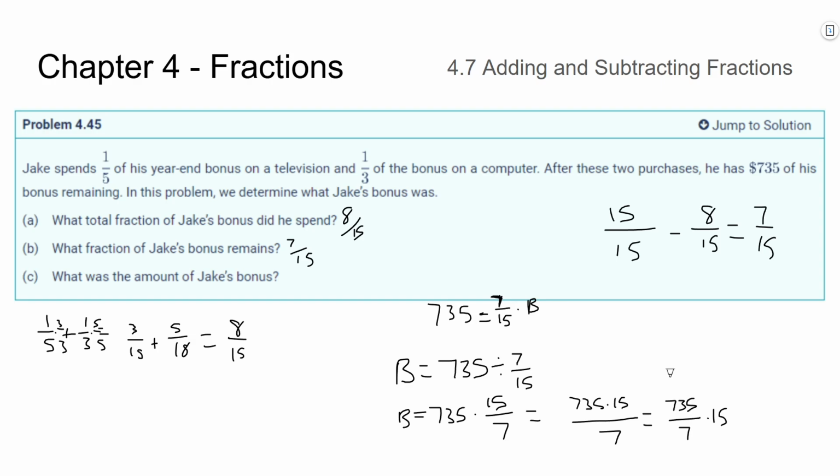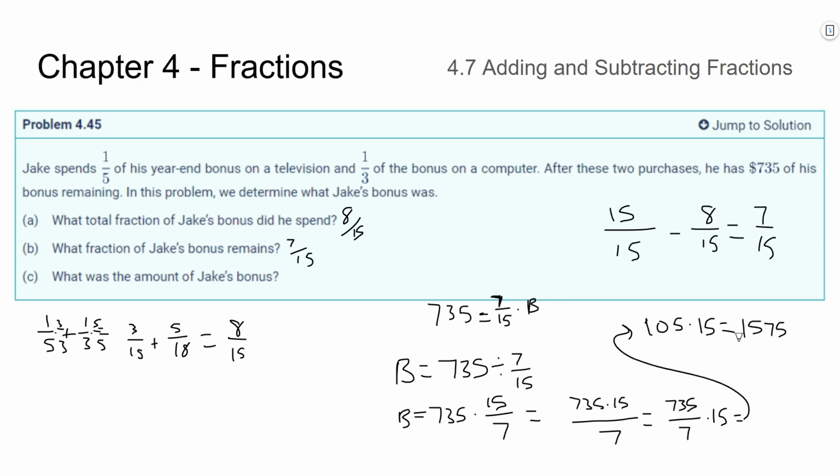So there's going to be 105. So it's going to be 105 times 15. And 100 times 15 would be 1,500, plus another 5 15s would be 75, so 1,575 if you were to multiply that out.